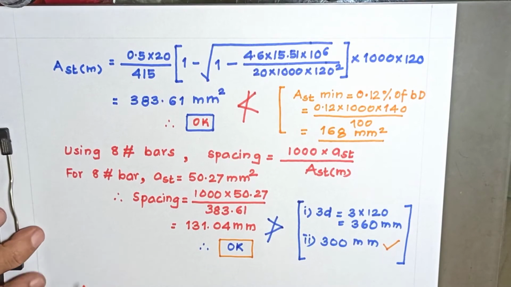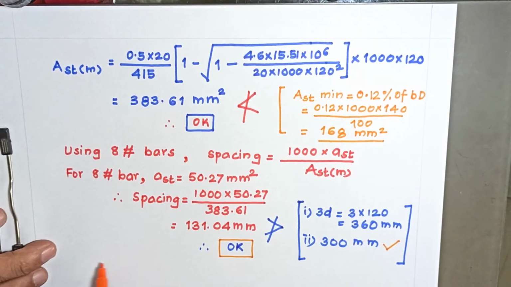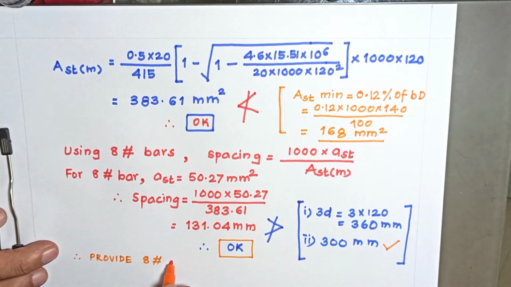Now, in this main reinforcement, I will give the judgment. Hence, therefore, provide eight tor bars at 131.